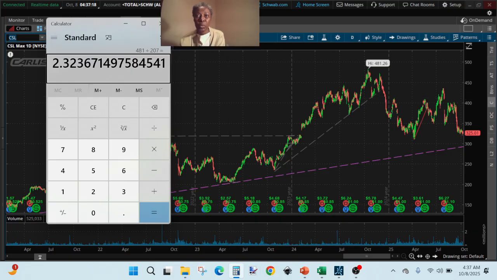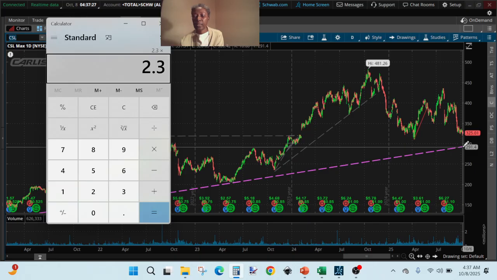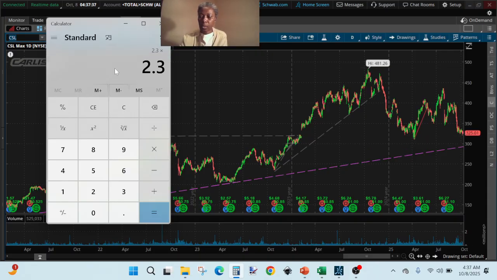So you can take 2.3 times, let's say it is touching the price around 290, let's just say 294 for instance, times 294, you can say 675 for instance to be your exit point. To be more conservative, you can say, well, 2 times 294 is 588.